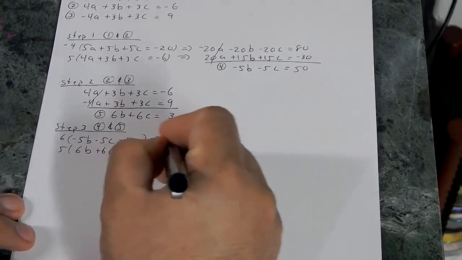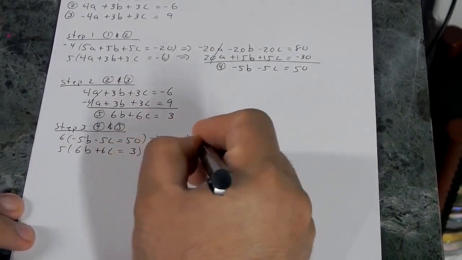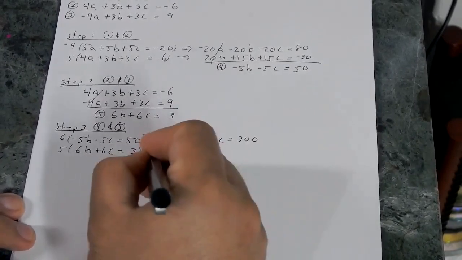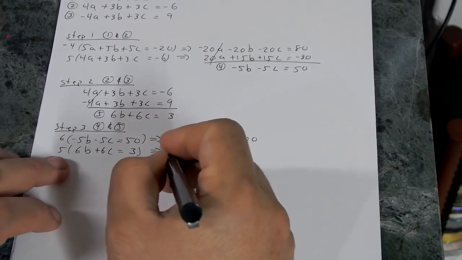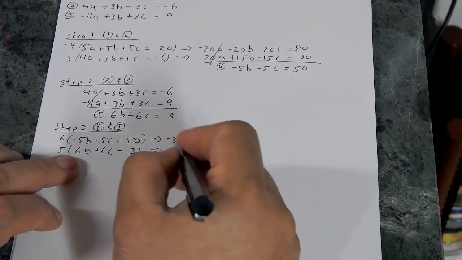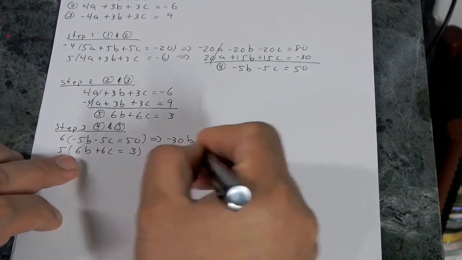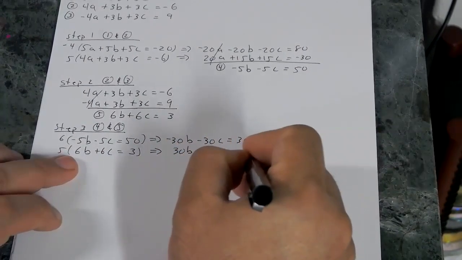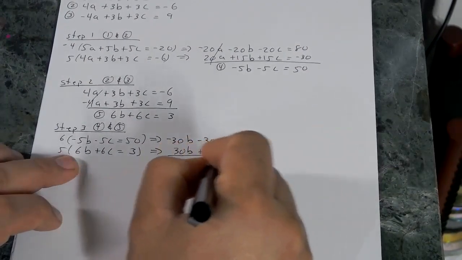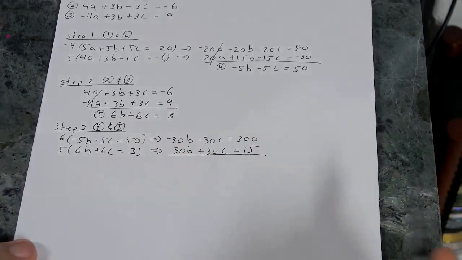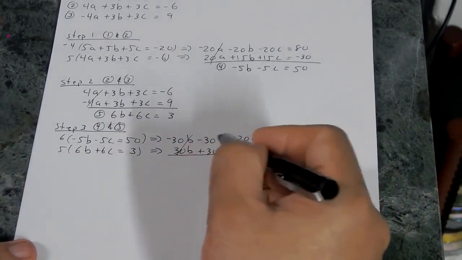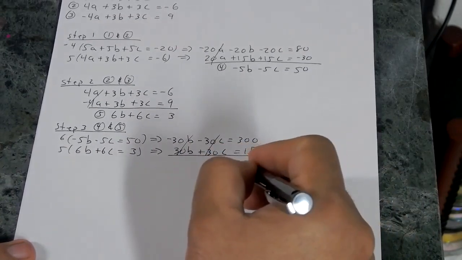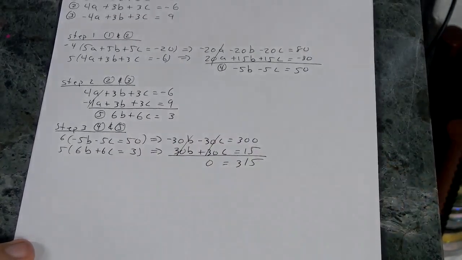So we end up with negative 30b minus 30c equals 300. The bottom, we end up with 30b plus 30c equaling 15. And when you add them together, you notice that both the b's and c's are gone, and we get 0 equaling 315.